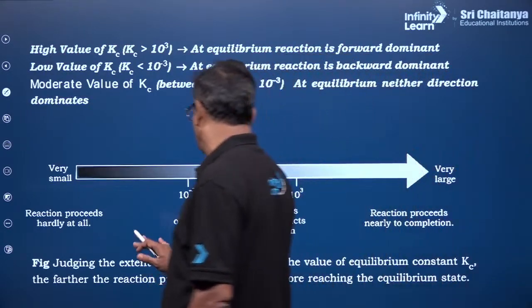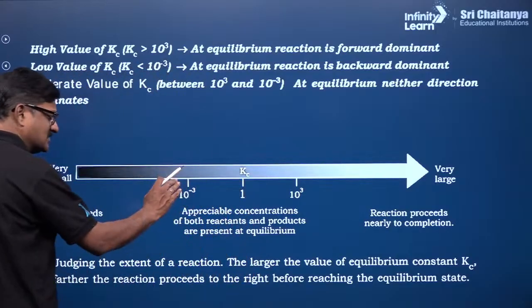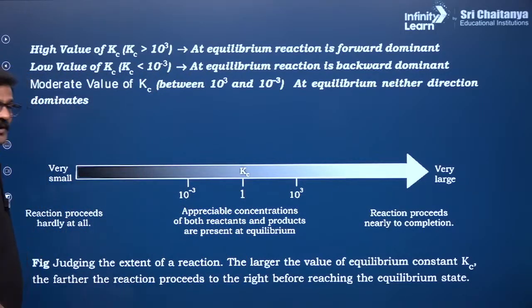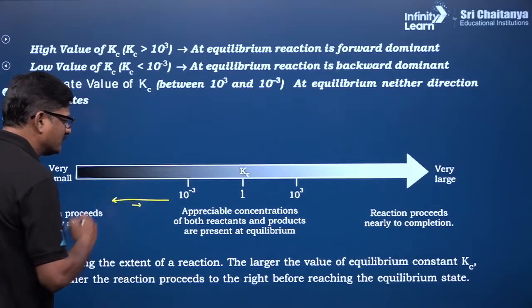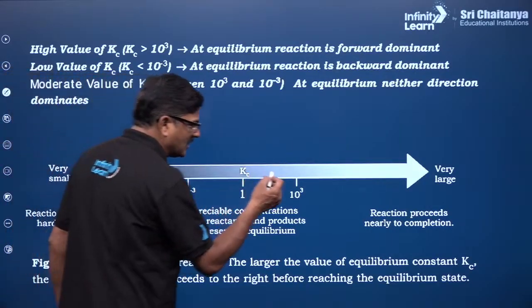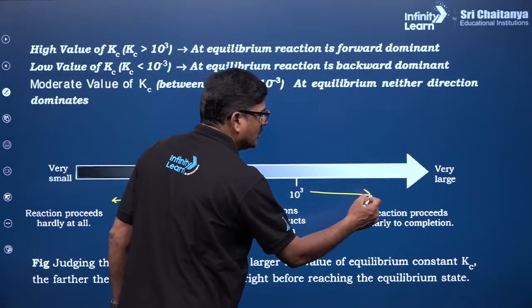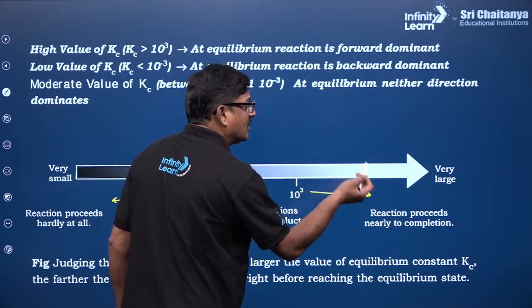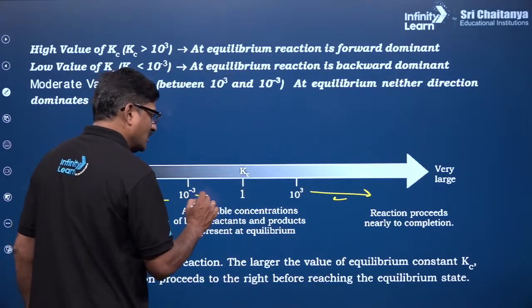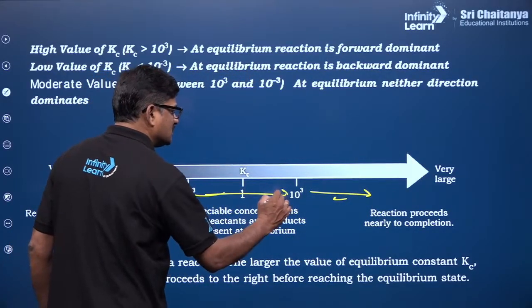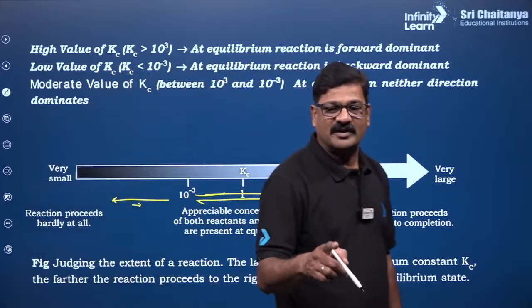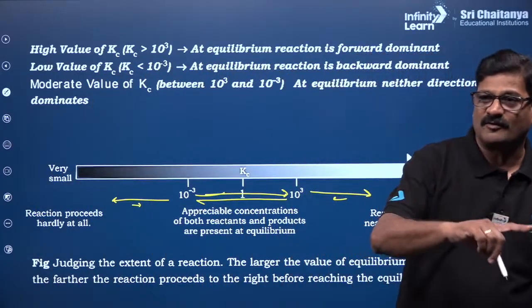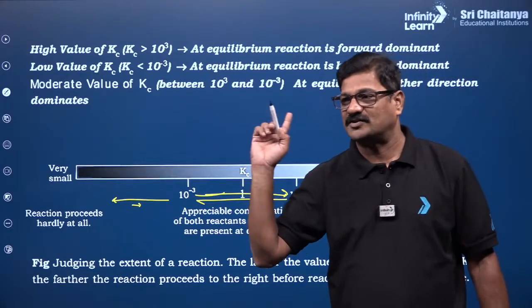And for this K value, if K is less than 10 power minus 3, equilibrium always favors the backward direction. If K is greater than 10 cube, it favors the forward direction. If the equilibrium constant is between 10 power minus 3 and 10 cube, equilibrium favors both forward as well as backward directions.